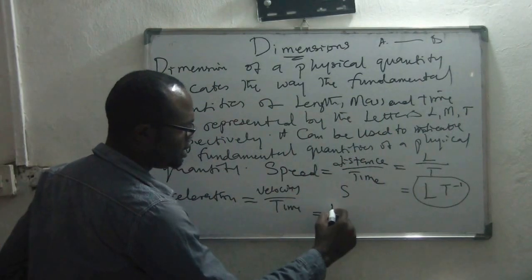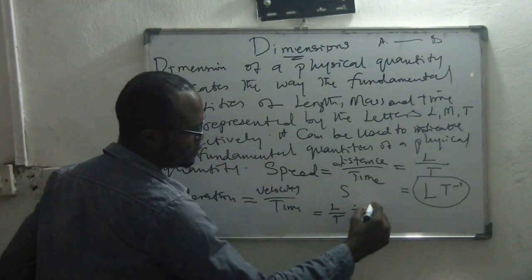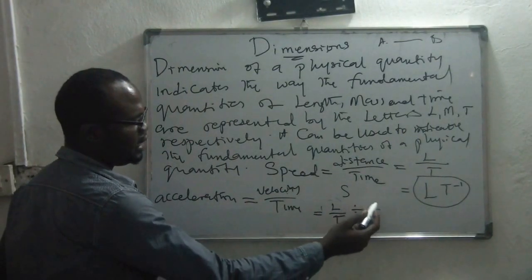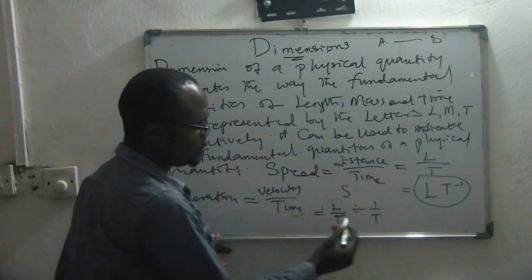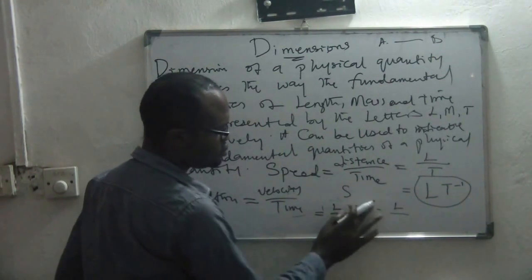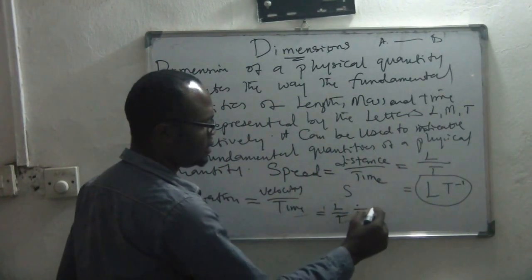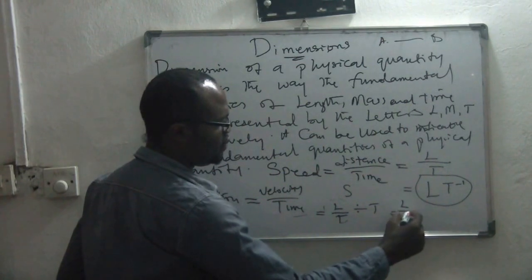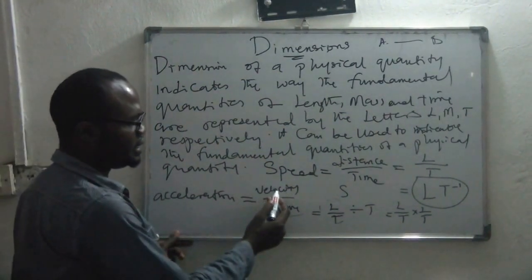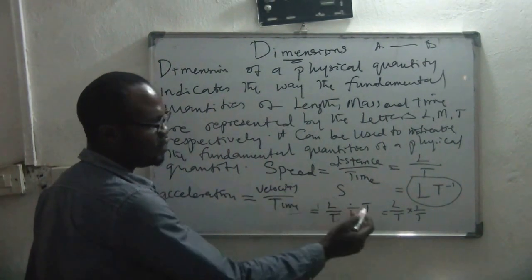Velocity is L over T. Time is also T. So this L over T, which is velocity, is divided by time, which is the same thing as L over T times 1 over T.